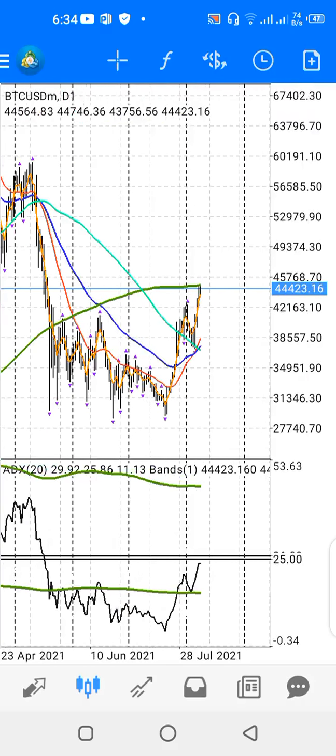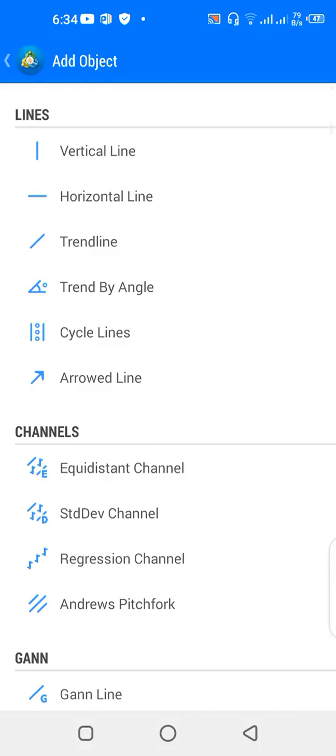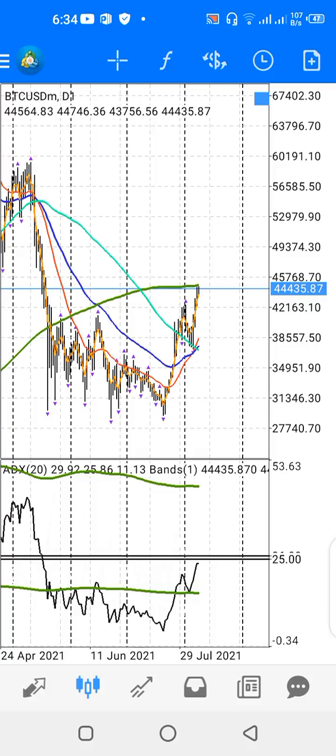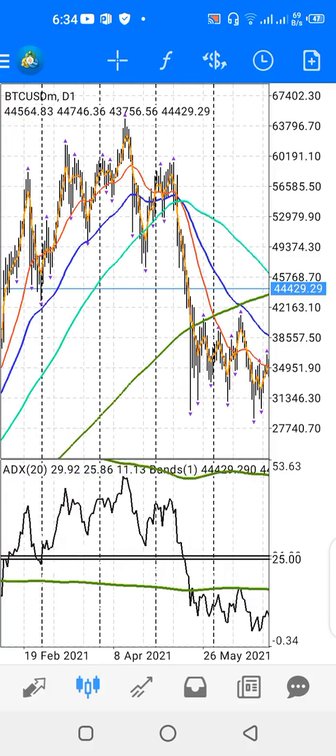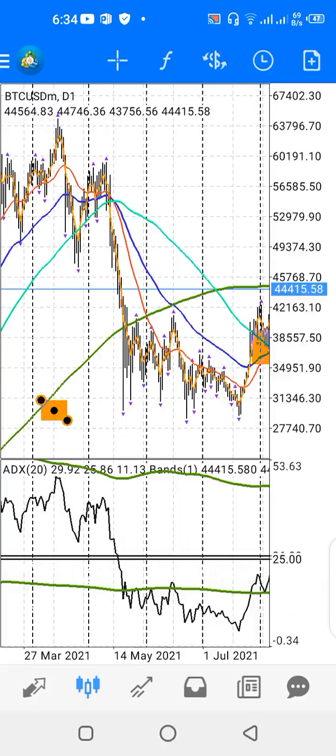Now the indicators are trying to turn upwards at this point towards the trend indicator. These are trend indicators.